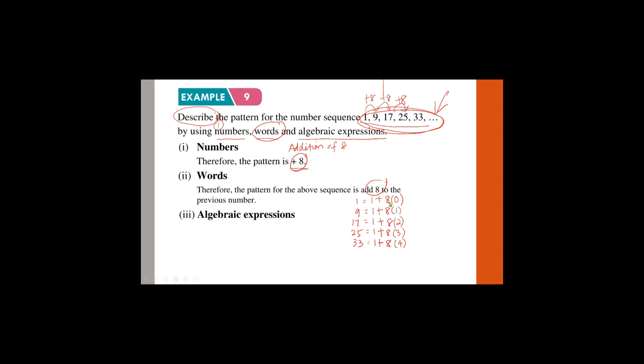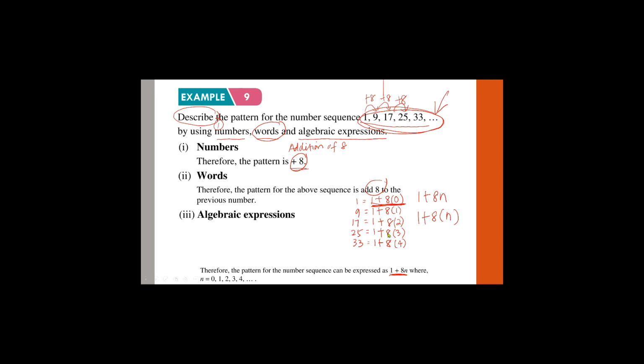This part here, can you see that? 1 plus 8 times n, and then comma, with the condition of n equal to 0, 1, 2, 3, 4. So I'll show you the answer here. Therefore, the pattern for the number sequence can be expressed as 1 plus 8 times n. Sometimes it can be written like this also.